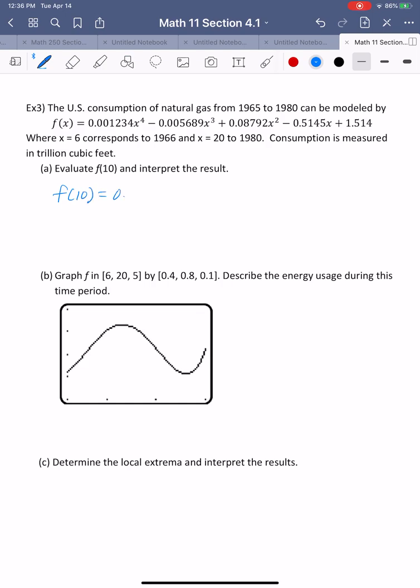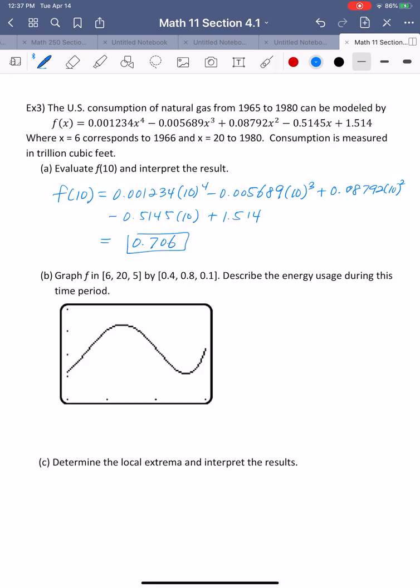So 0.001234 times 10 to the fourth power minus 0.005689 times 10 cubed plus 0.808792 times 10 squared minus 0.5145 times 10 plus 1.514, and then if I simplify, it's going to be 0.706.